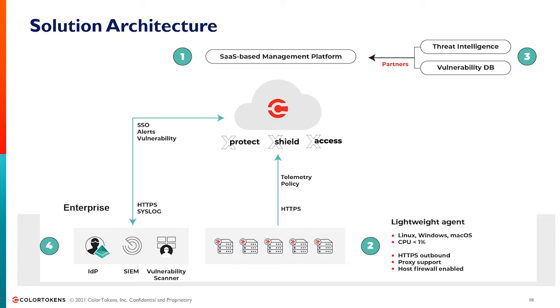There is a lightweight agent that we can deploy on each of these servers. Those agents are lightweight, and there are versions available for different operating systems like Linux, Windows, and Mac OS. It consumes less than 1% of your CPU.